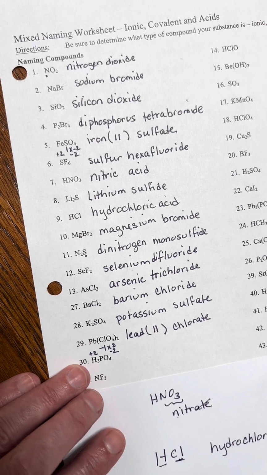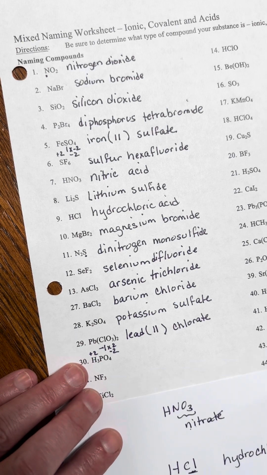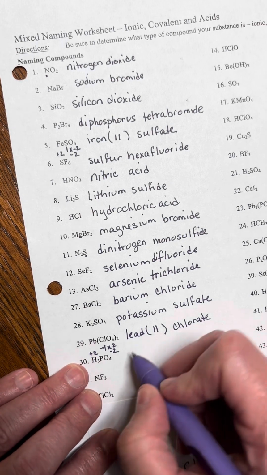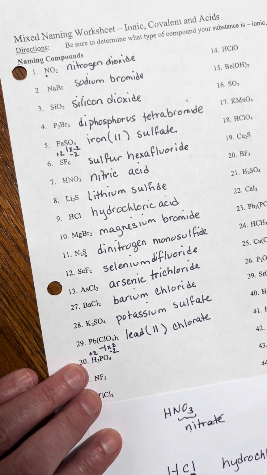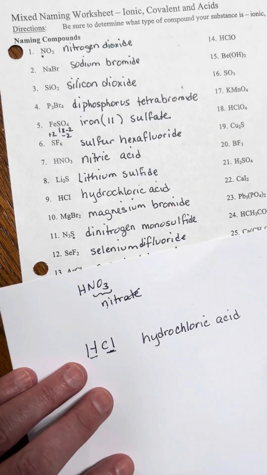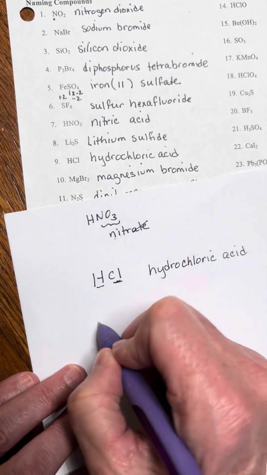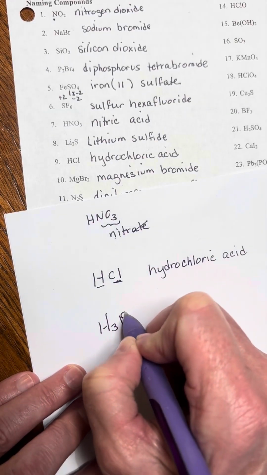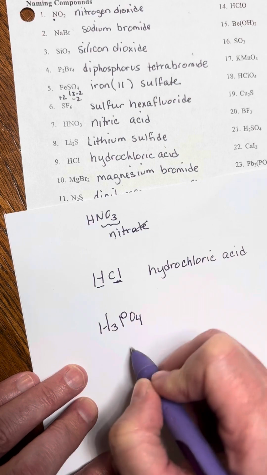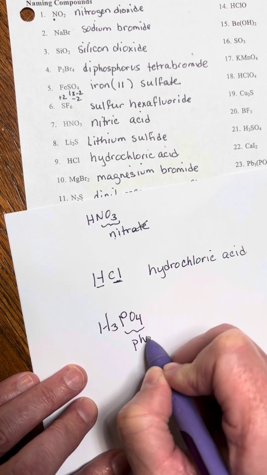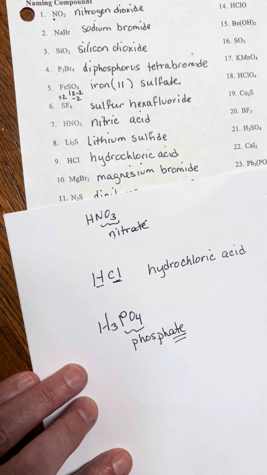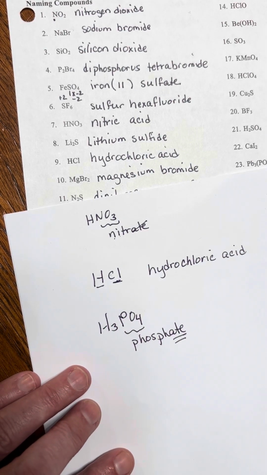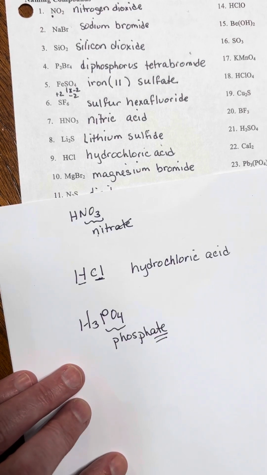All right, we're back to an acid in number 30. Number 30, the polyatomic ion is phosphate. So if it's phosphate, the ion ends in ATE, so our acid is going to end in ic acid.